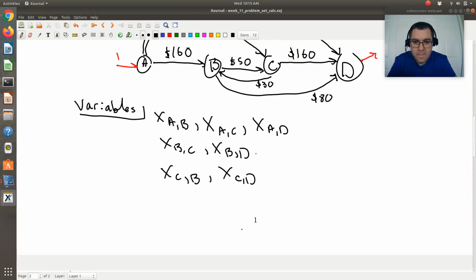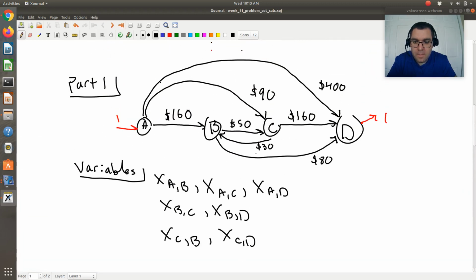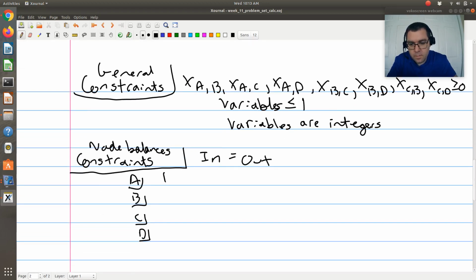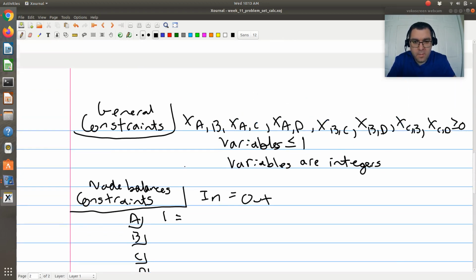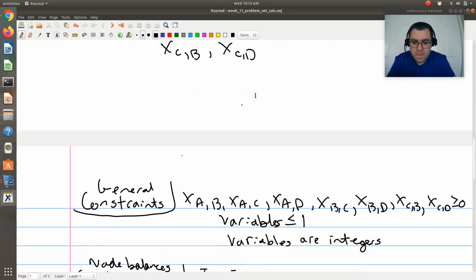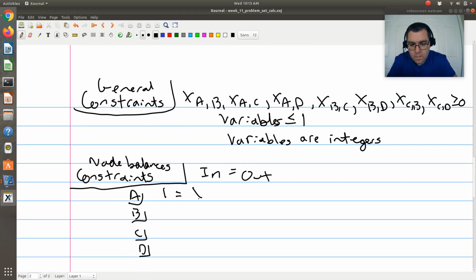So at A, I have in is 1, and what's going out? I have flights leaving to destinations B, C, and D: XAB plus XAC plus XAD.